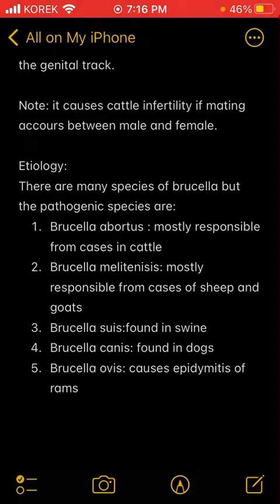Brucella suis, found in swine. Brucella canis, found in dogs. Brucella ovis, which causes epididymitis of rams. But the three most important of them are Brucella abortus, Brucella melitensis, and Brucella suis. They are the main important types of Brucella.